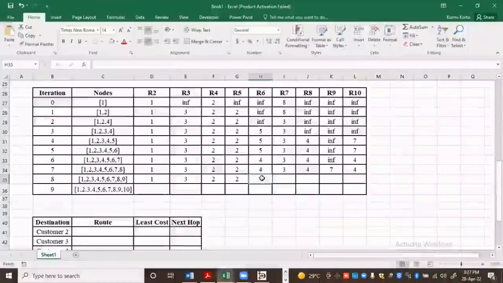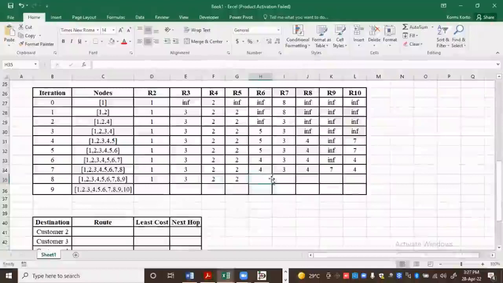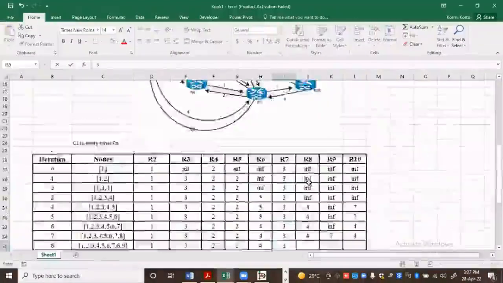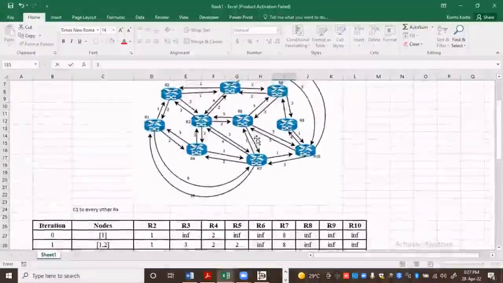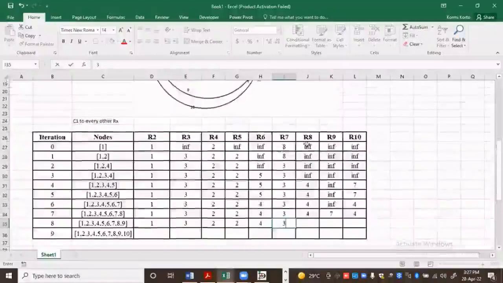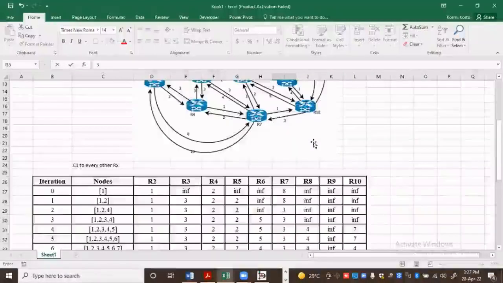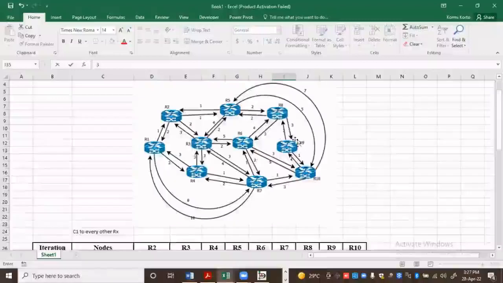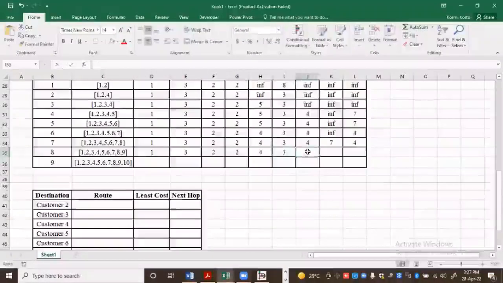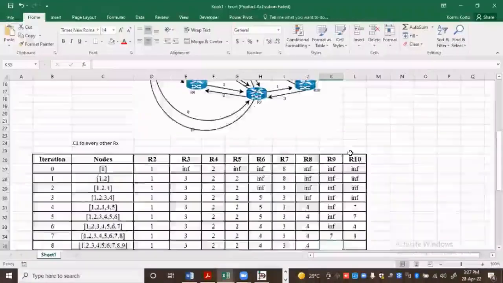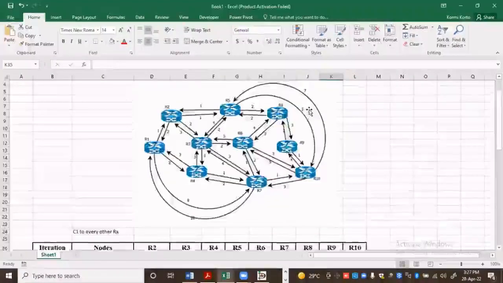I think this will still be 4. Yes, it will still be 4. 3, based on the diagram, yeah, it will still be 3. 8, would 8 reduce? Let me see. Now that we have 9, no, it will still be the same 4, sorry. What about 9? Would 9 reduce? Now we have 9 inclusive. Not really. It'll still be 7.